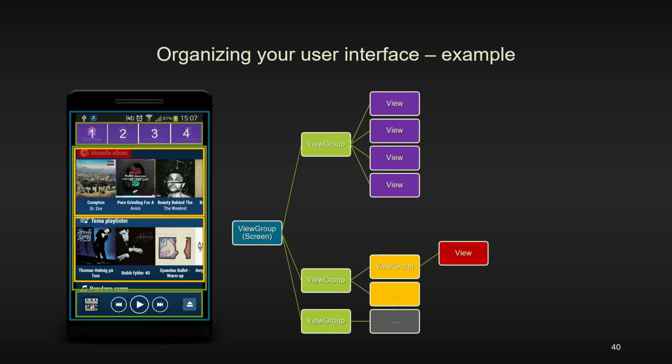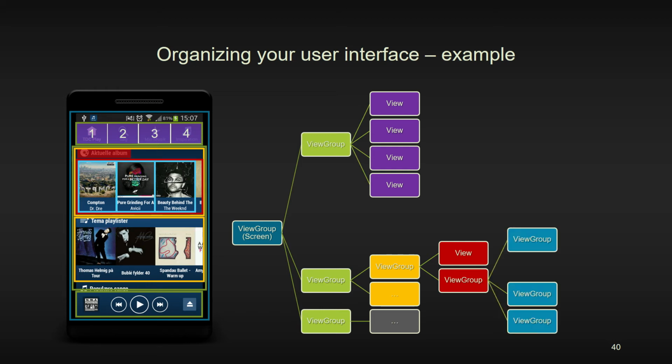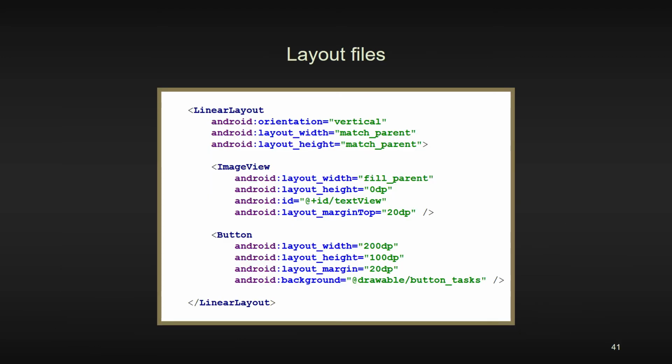And then there is another view group. And in each of these view groups, we have a set of view groups. And in each of these groups, we have a set of views. Okay? So basically what happens is you create this elaborate tree structure of your entire layout. Put stuff into other stuff, and it'll look great. This is what happens.